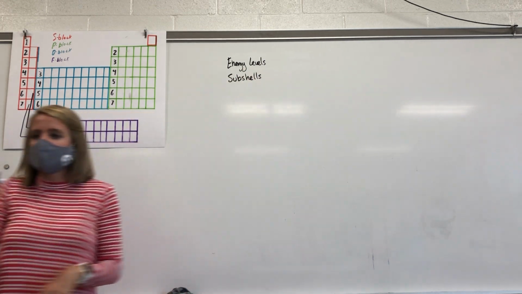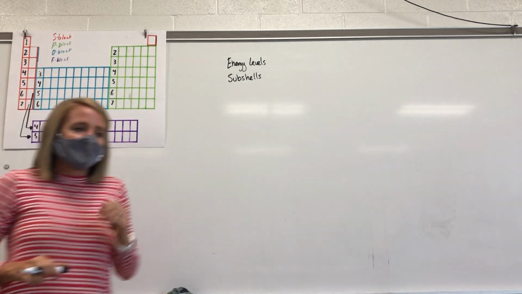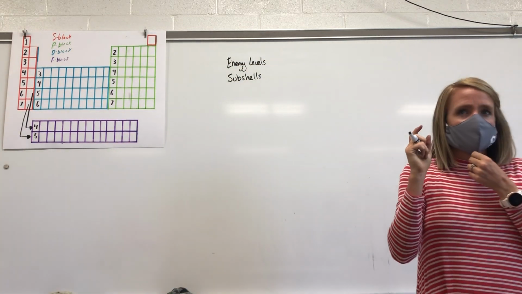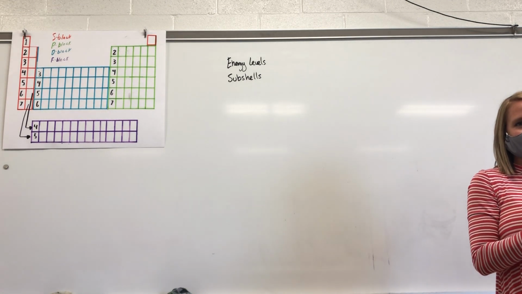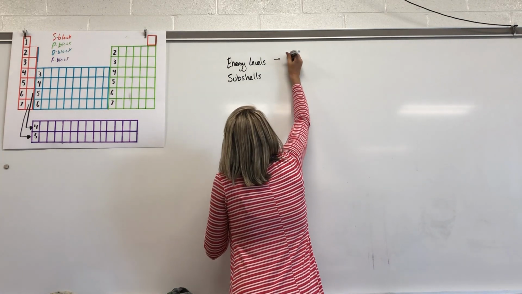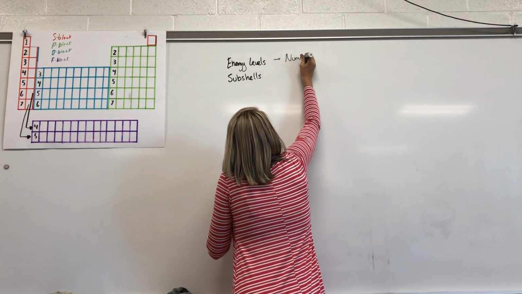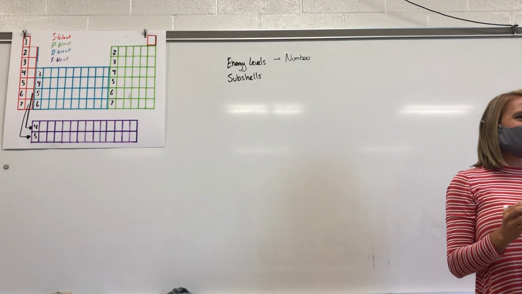Okay, I forgot something to add to our designations up at the top. Energy levels in our configuration are signified by numbers. Subshells, our rooms, are designated by a letter.